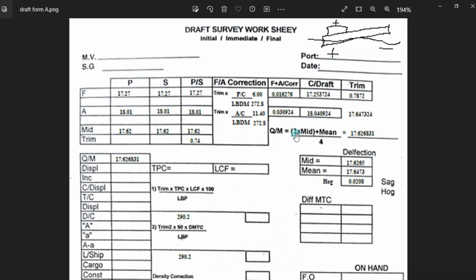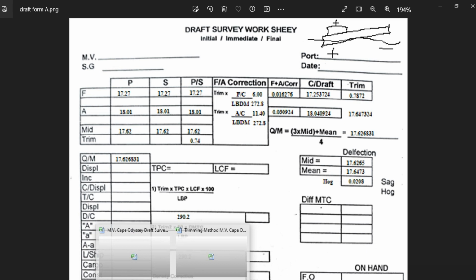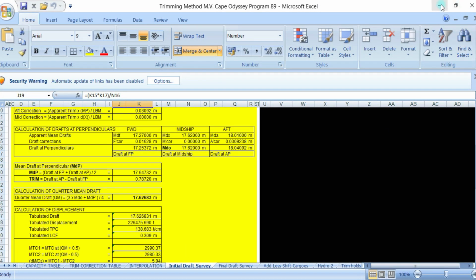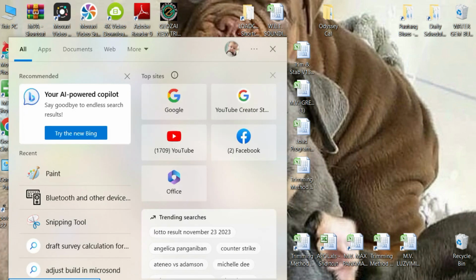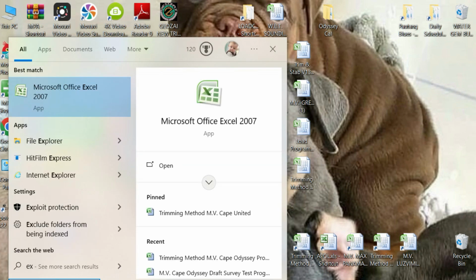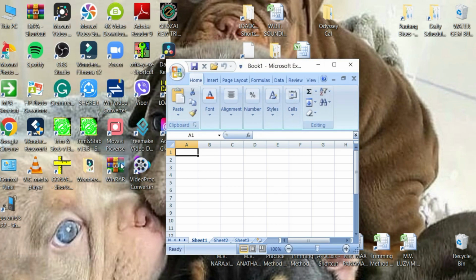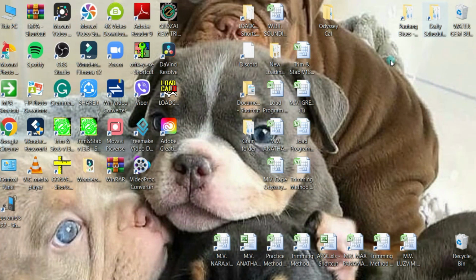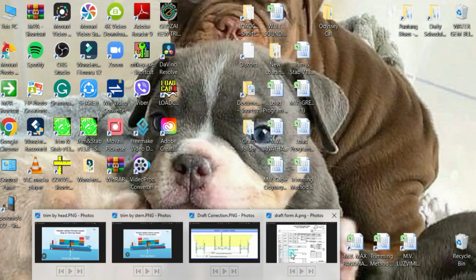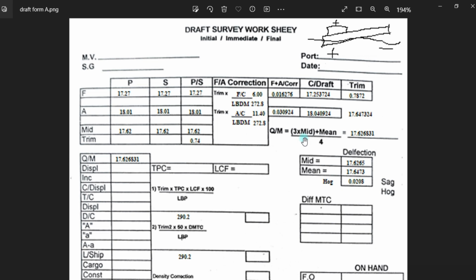So first you multiply 3 times 17.62. Let's see, we can do that in Excel.